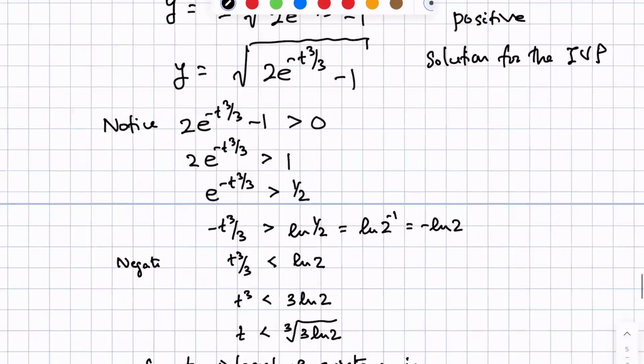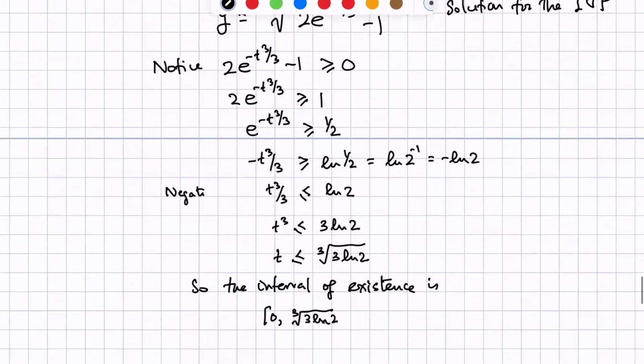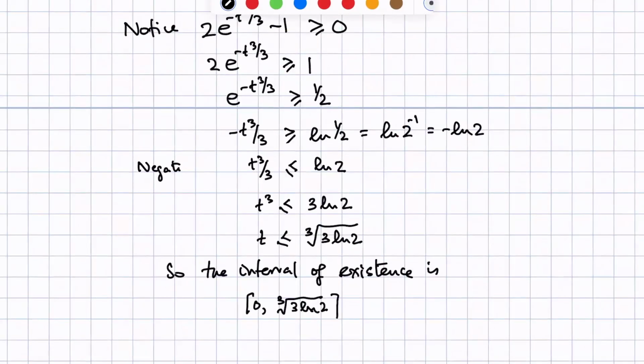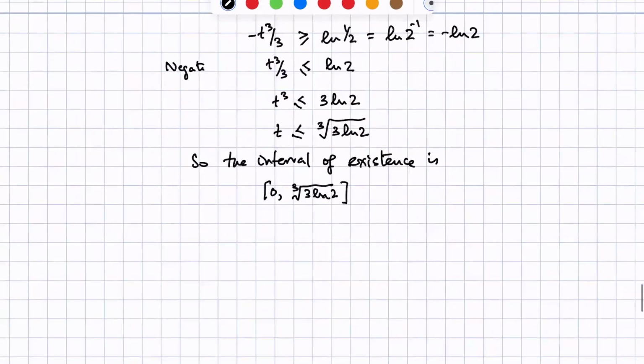And in fact, you see that we're actually allowed to be greater than or equal to 0 here. So we could, in fact, make all of these equalities as well. So I can close this interval right here. And so that's the interval of existence for this problem.